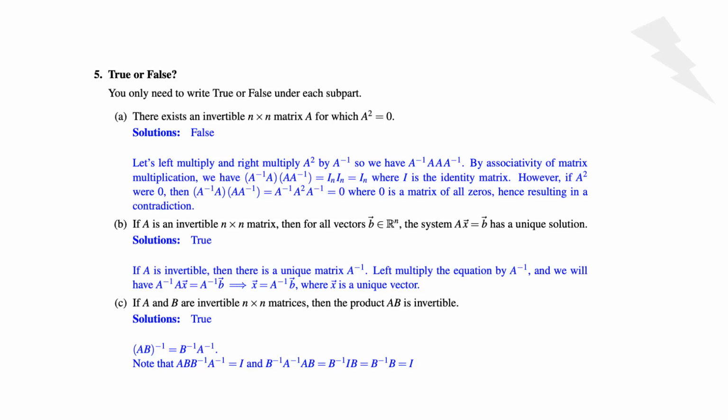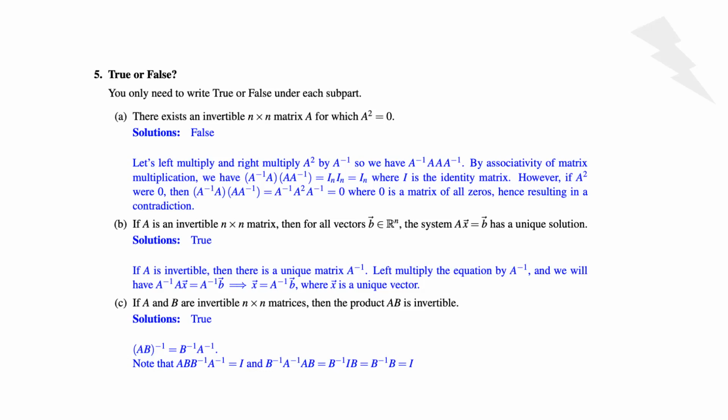So if our A is invertible, then we have a unique matrix, A inverse. That is the definition of an invertible matrix. And then you can left multiply our equation by A inverse. And so you end up getting X equals A inverse times B, where our X is a unique vector. So you can essentially say it's true based off of those equivalent statements that we pulled up earlier, but this is a way of showing it with a proper justification.